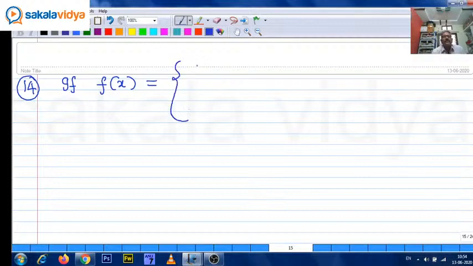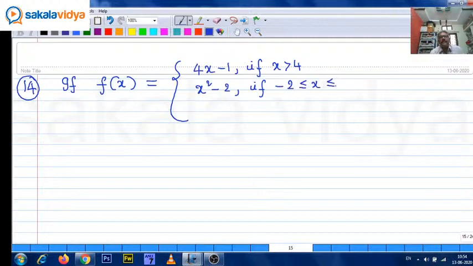If f of x equals 4x minus 1 if x greater than 4. It's actually called piecewise functions. x square minus 2 if minus 2 less than or equal to x less than or equal to 3.